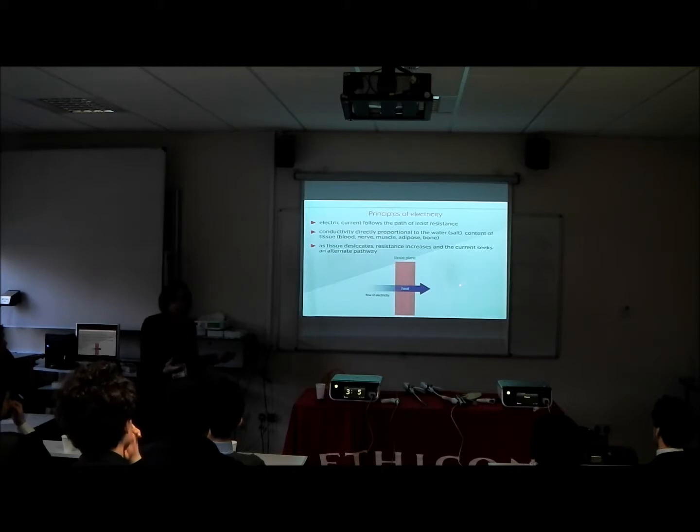The proteins, the hydrogen bonds will all get denatured, and this area will become more solid. As soon as it becomes more solid, the resistance will increase. And when the resistance increases, the electricity then starts traveling in directions where we don't want it to go.